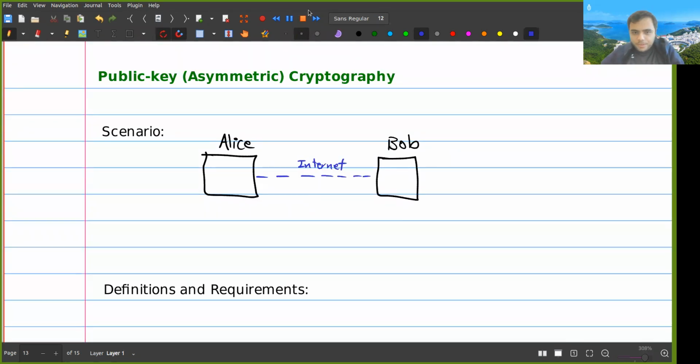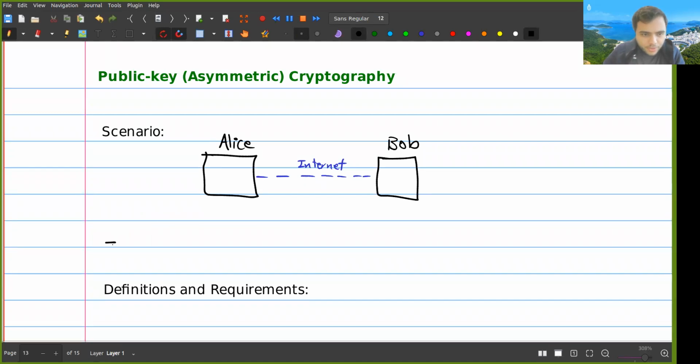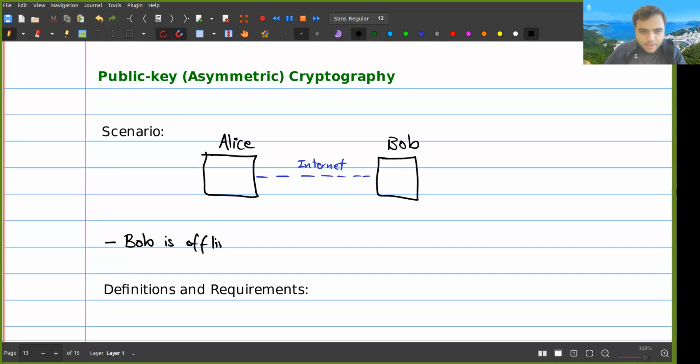So this is the scenario that we have here. It's the same scenario as before, with the extra caveat that Bob is offline when Alice sends the message. So Bob is not always offline, of course.